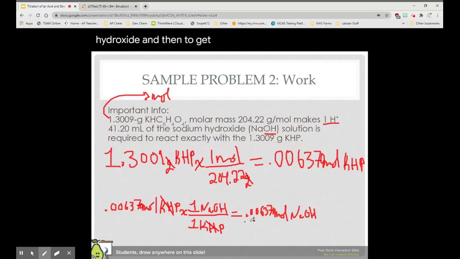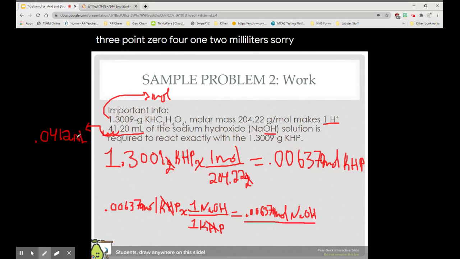And then to get concentration, I need to divide this by our volume in liters. So if I move my decimal 1, 2, 3, it's 0.0412 milliliters. Sorry, liters.